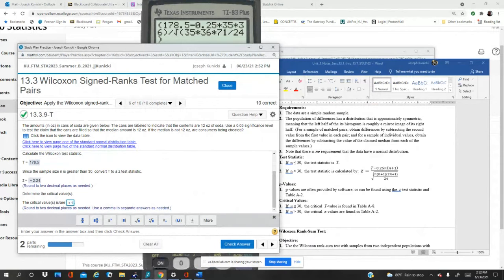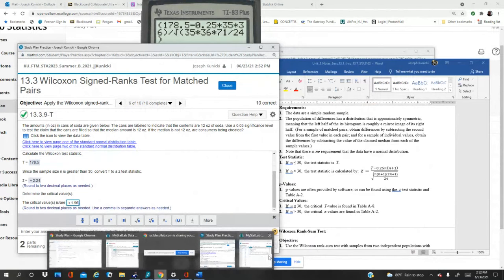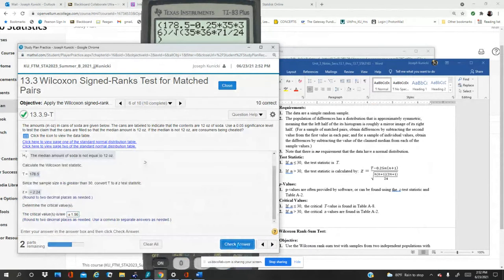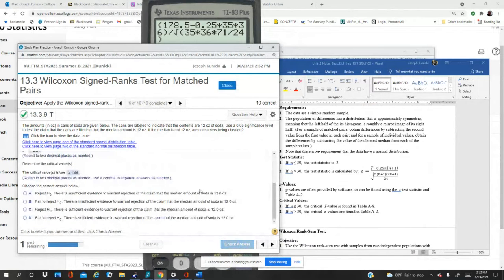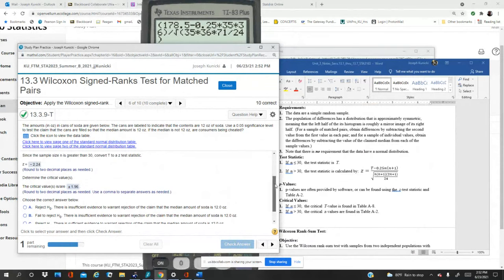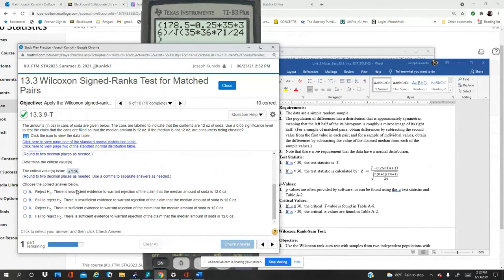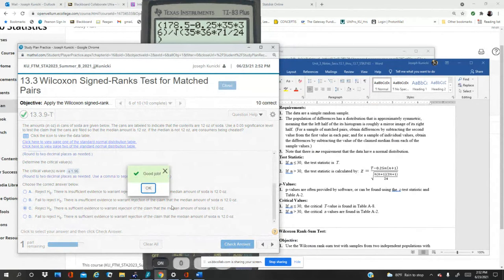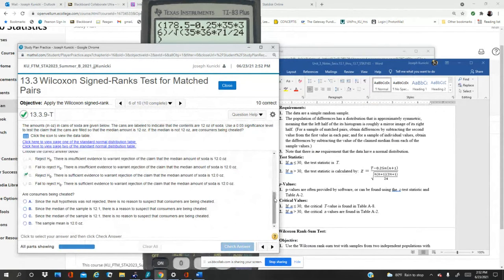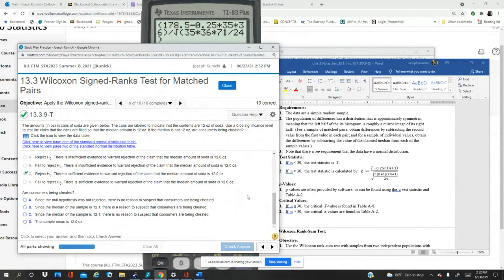Like I said, you get to know these just from memory. So we're outside. We're in the left-hand tail, so we're going to reject H naught. Choice A says insufficient, but it's C. There is sufficient evidence to warrant the claim, so there is a difference from 12 ounces.